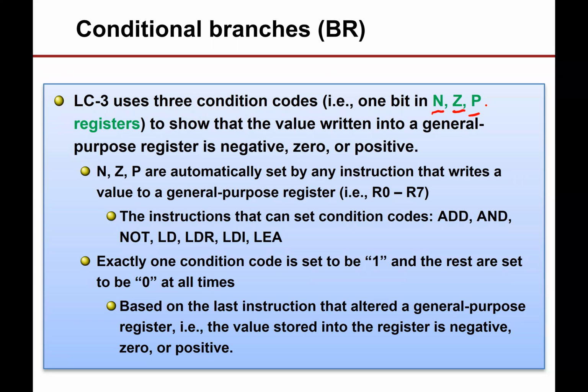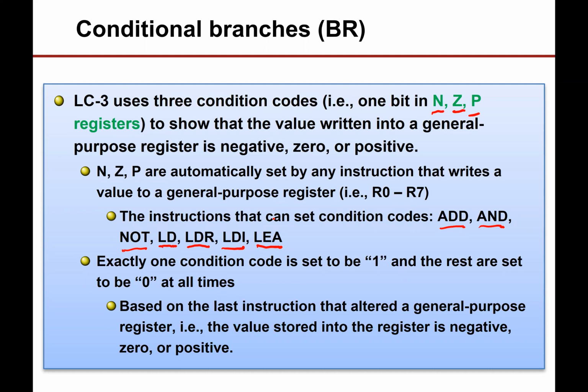These instructions include the ADD, AND, NOT, or these operate instructions, and also LD, LDI, LDR, LEA, or these load instructions. Why? Because these instructions have destination registers. Do you remember? Right?